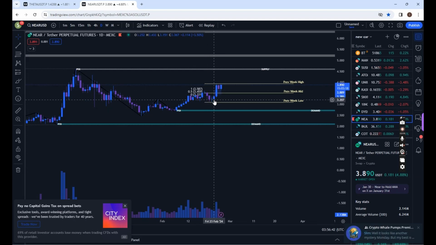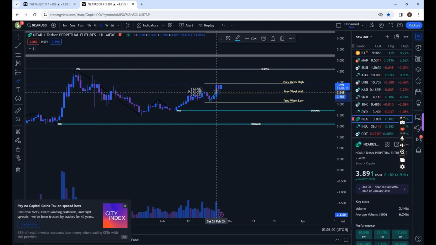So what I'm expecting NIA to do now is come up, let's get a drawing tool, come up like this, potentially pull back to around this area. So when NIA gets to around that area and starts to pull back, say my profit is around $20.